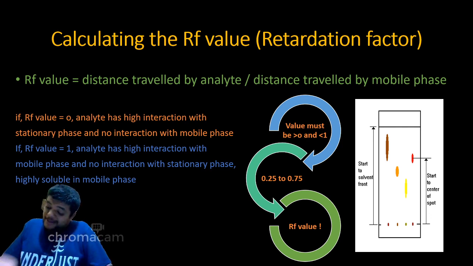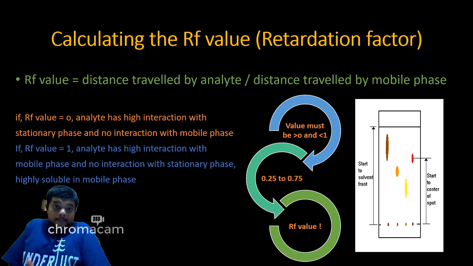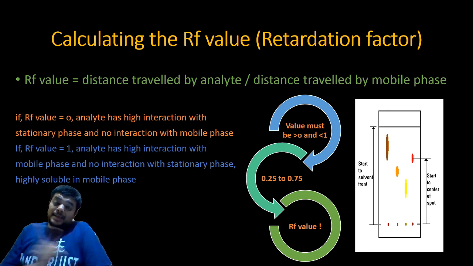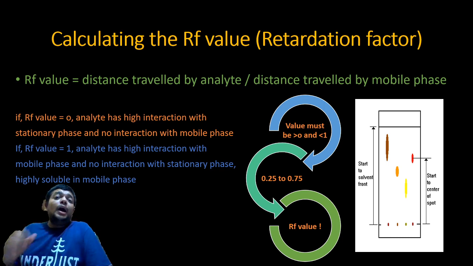Then the mobile phase as a carrier will not be able to make the sample move. So when the sample does not move, this value becomes 0 and hence RF becomes 0, and when RF becomes 0, we must say that the sample has a very high attraction with the stationary phase.